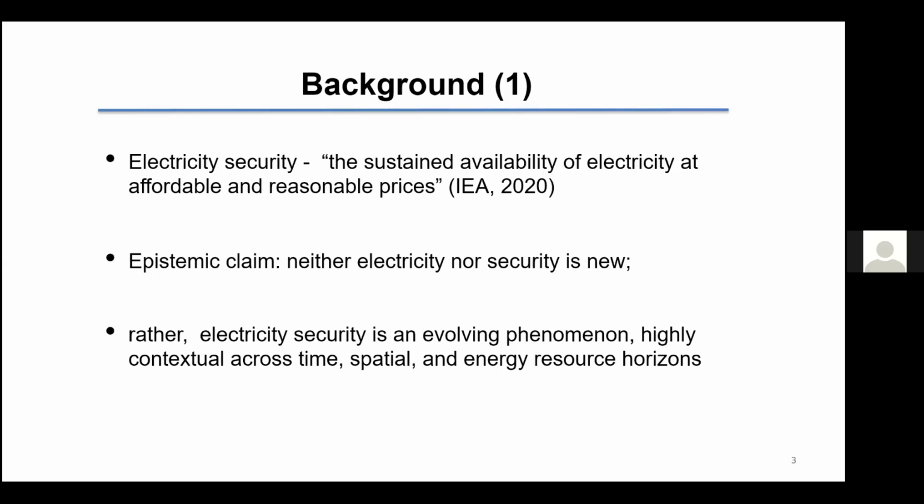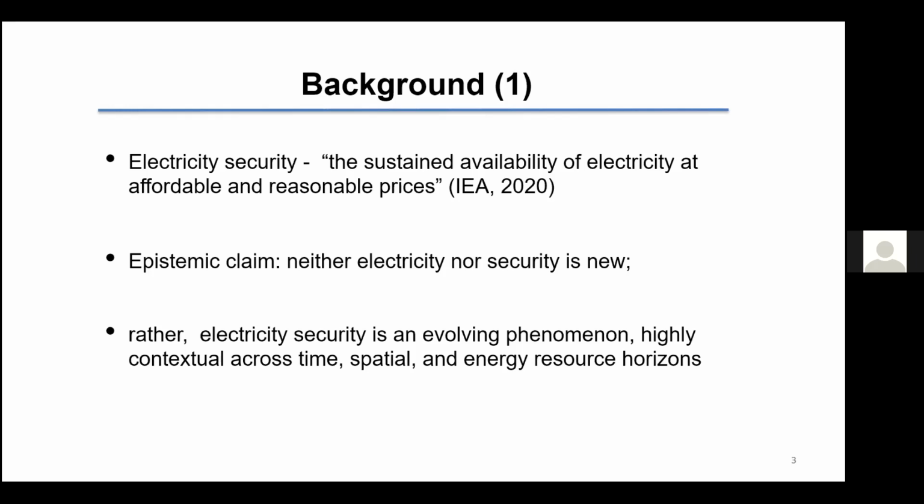And the final one, on energy resource horizons: we need energy resources to produce this electricity. And so there are differences across resource endowments. There are countries that are heavily or completely dependent on fossils for electricity generation, while there are countries like Uganda that are dependent on so many sources of energy for electricity production.